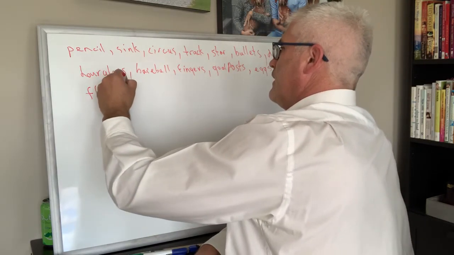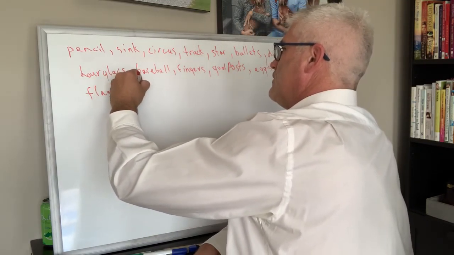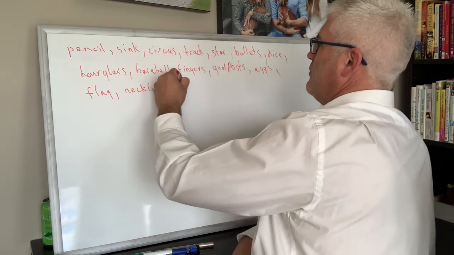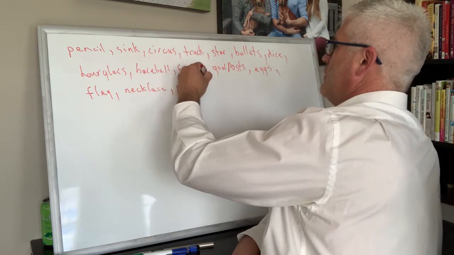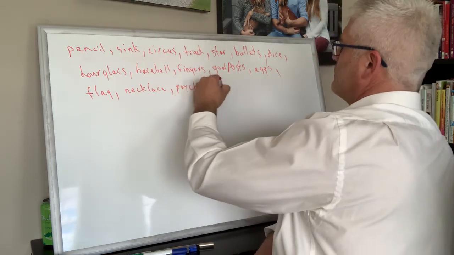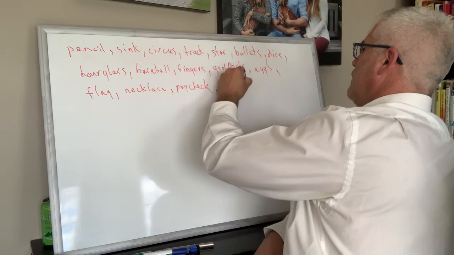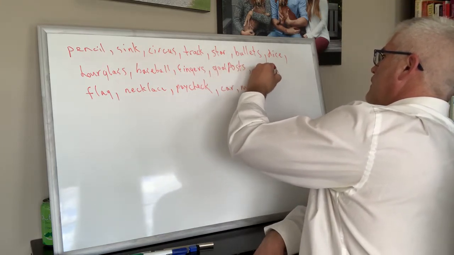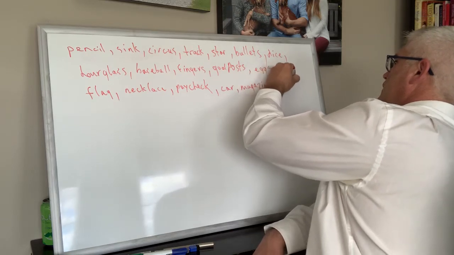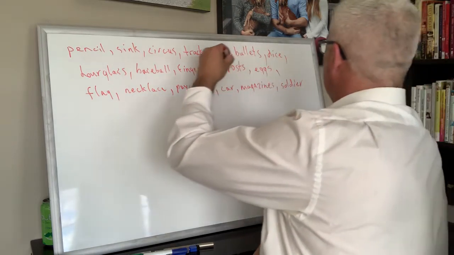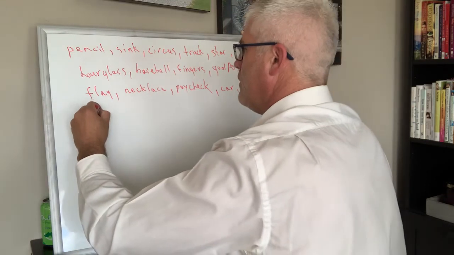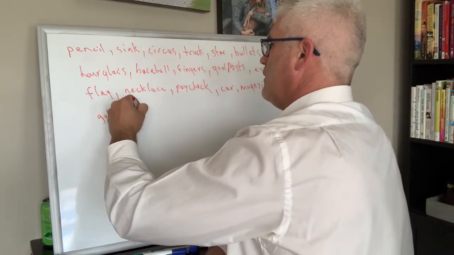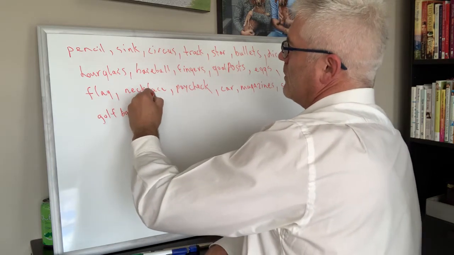So we got flag, and then necklace, everybody's favorite, paycheck, car. You could be thinking I'm just making up words, but that's okay. And then golf bag, and then what do we got? Shotgun.